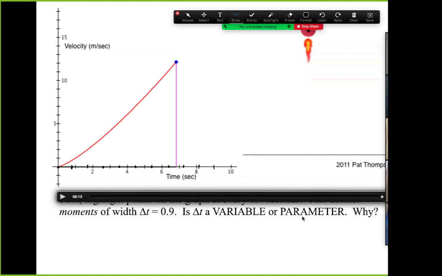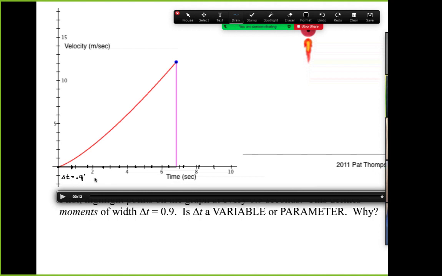Okay, and so is delta t of 0.9 a variable or parameter? Remember that? It's a parameter, because we defined it to be 0.9, and it's represented by a letter. But you still didn't get quite to the heart of why it's a parameter.